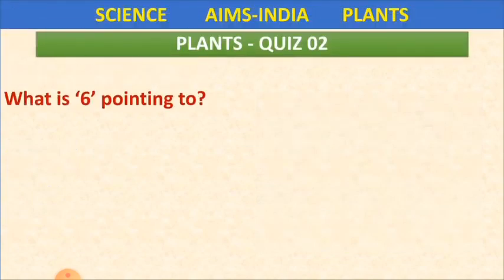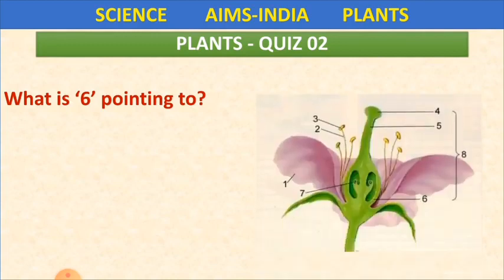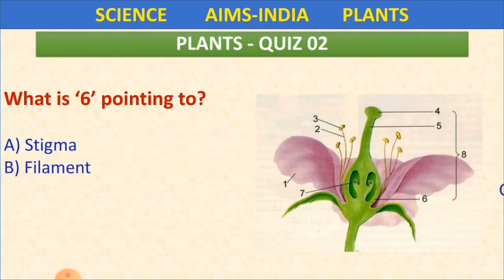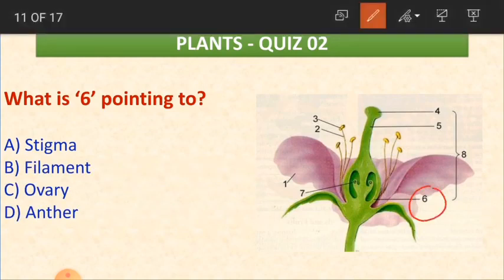Is it clear, children, for you? We are revising whatever we have learned today in the form of questions and answers here. What is 6 pointing to? Where is 6? Here. This part. The innermost part of the flower. What is this? Yes, it is ovary. Right answer.